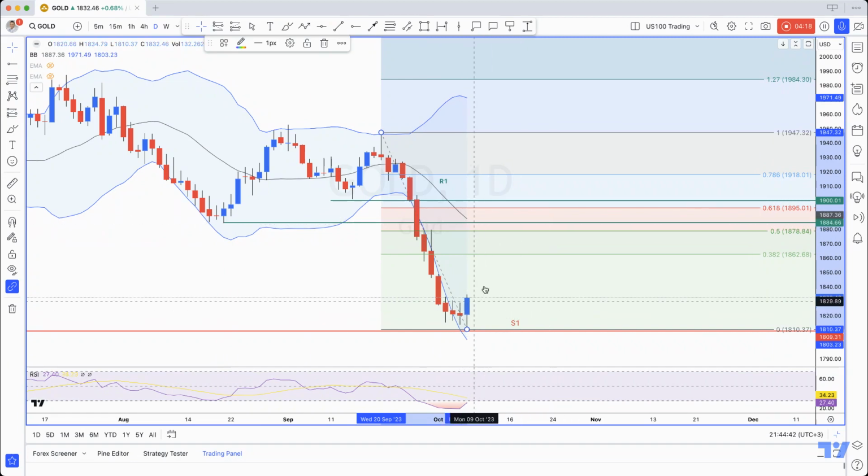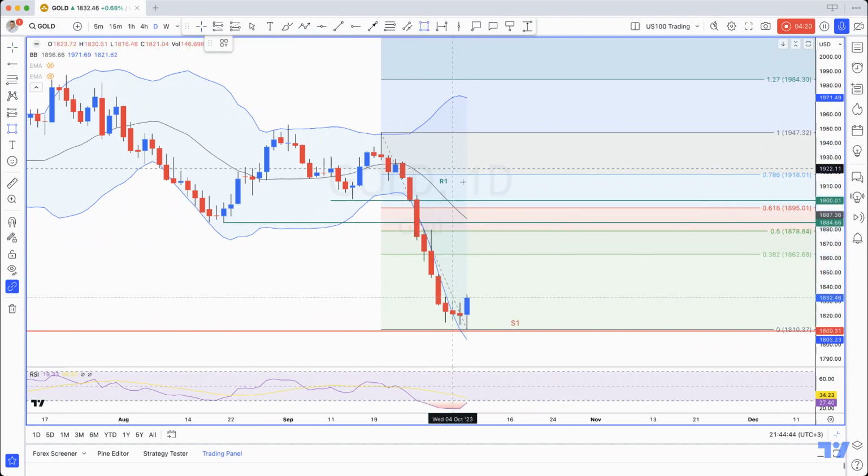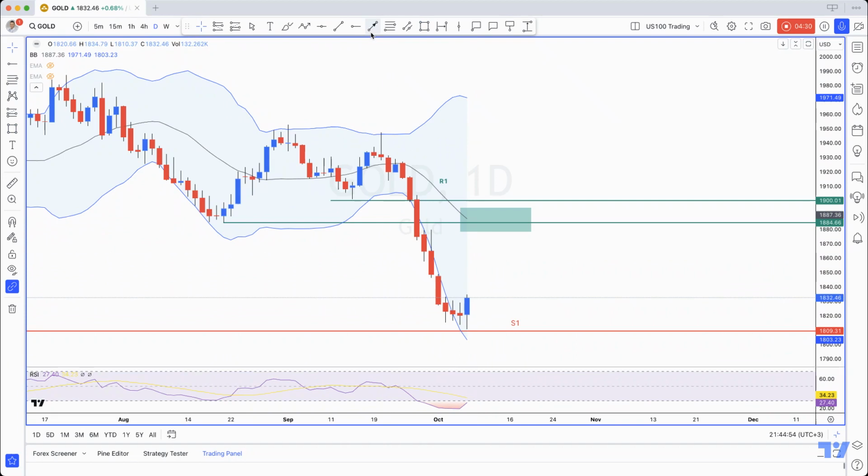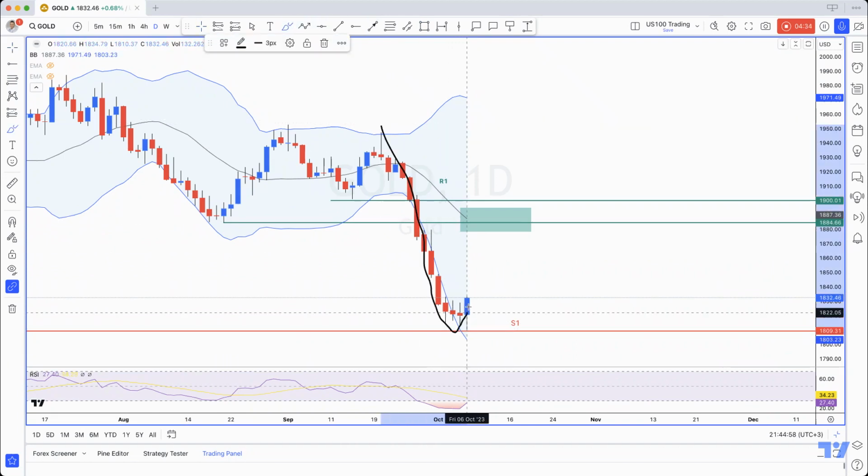So maybe there is fair room of opportunity for the price to run this distance, so maybe we can capitalize on the long side. But understand something, traders: when the market is strongly trending, the retracements or corrections are always short.